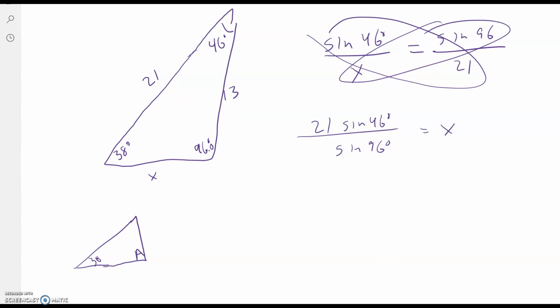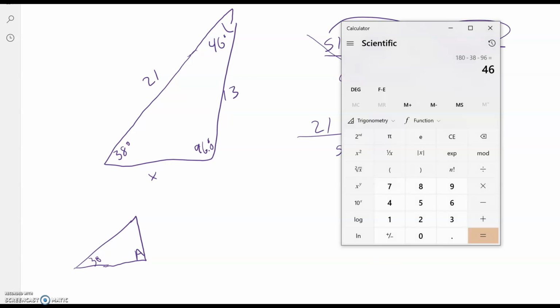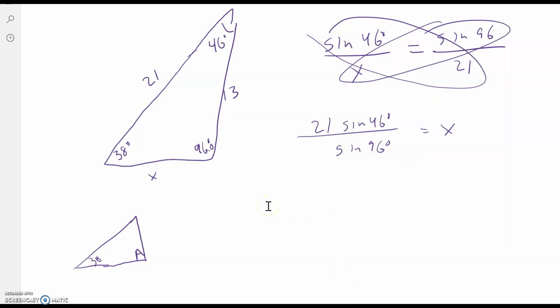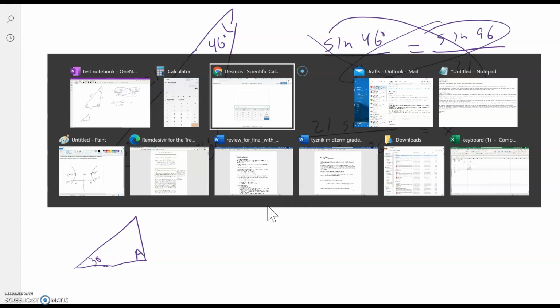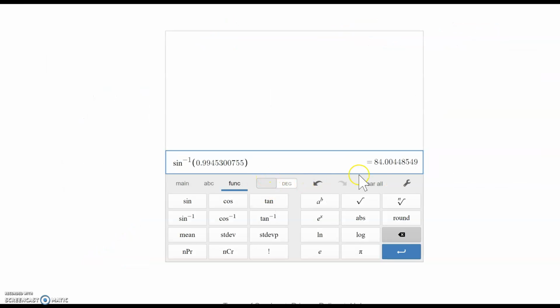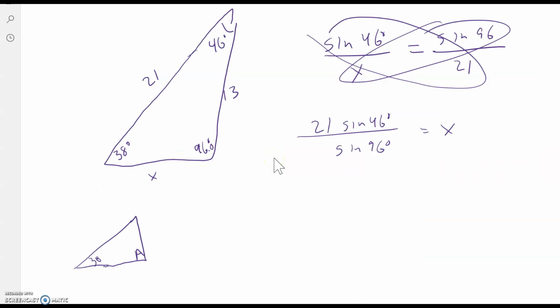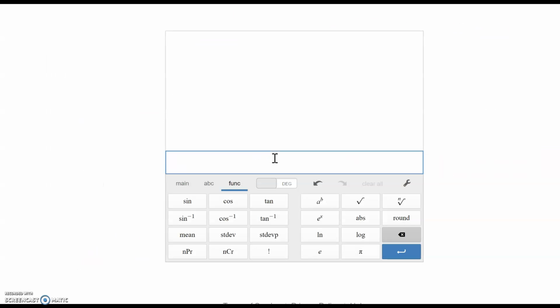Okay, calculator again. Again, make sure your calculator's in degree mode. Not that calculator, that calculator's not good for trig. Here it is. All right, clear. It was 21 times sine 46. You can also just type it in.